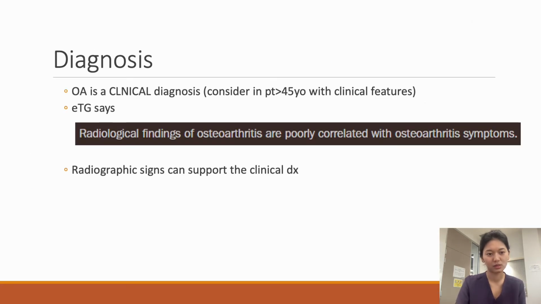How it's diagnosed: it is basically a clinical diagnosis, and you would consider this diagnosis in a patient more than 45 years old with clinical features. eTG says that radiological findings of osteoarthritis are poorly correlated with osteoarthritis symptoms. So usually you would use radiographic imaging mainly to support the diagnosis instead of diagnosing it.